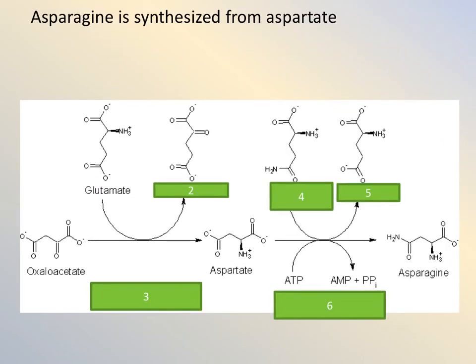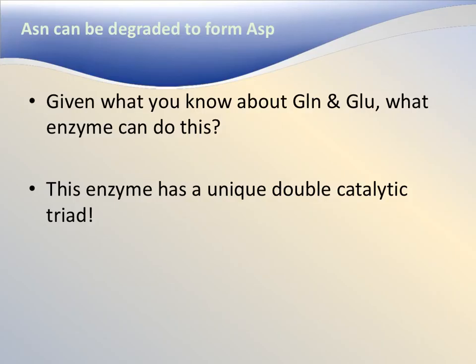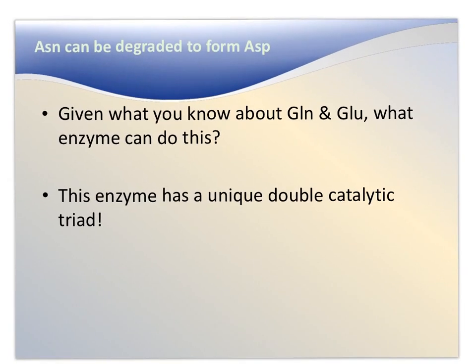Okay. This is just changed. Okay. So asparagine can be degraded to form aspartate, just like we saw glutamine that can be used to make glutamate. This is just another way to make aspartate.